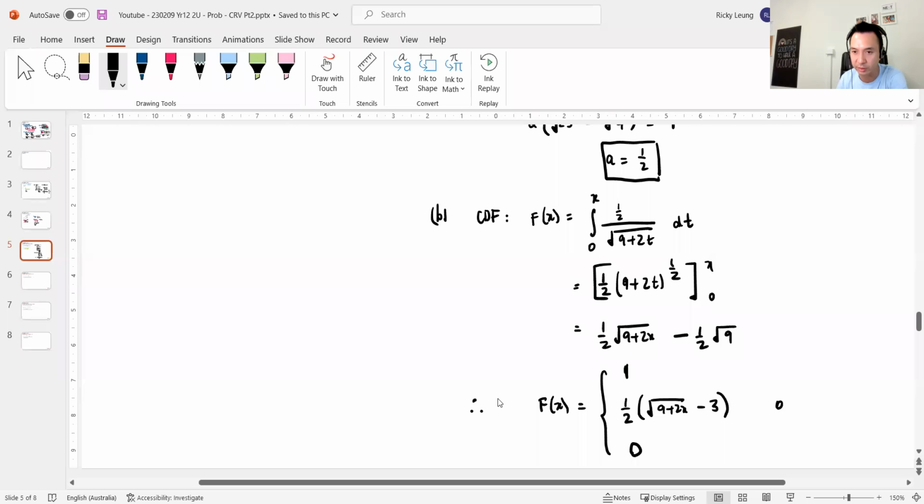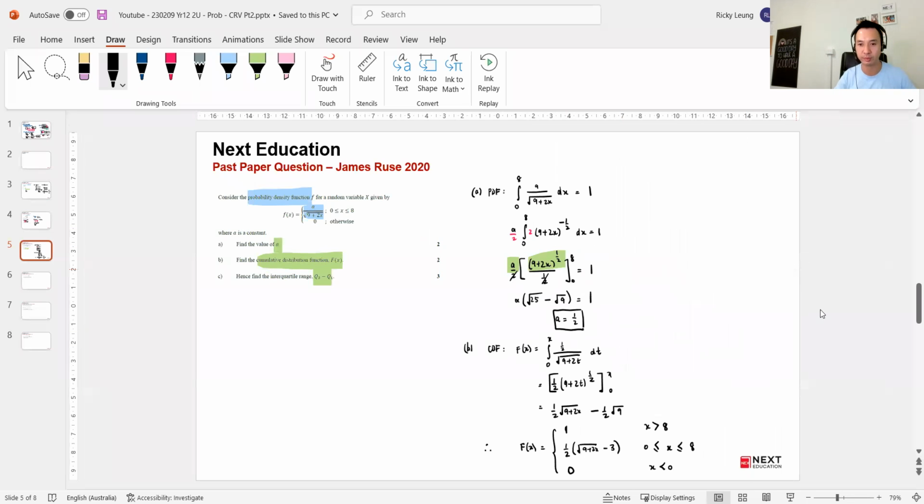This is when x is between 0 and 8, 0 when x is less than 0, and 1 when x is greater than 8. Does that make sense? It's always a piecemeal function. Whenever it's smaller than the lowest bound, it's 0. Whenever it's bigger than the highest bound, it's 1, because the sum of all probabilities can never be bigger than 1 or smaller than 0.